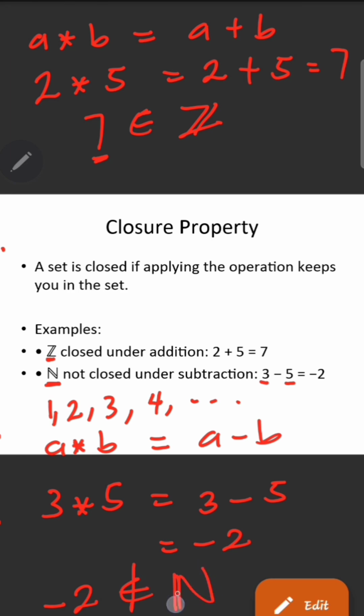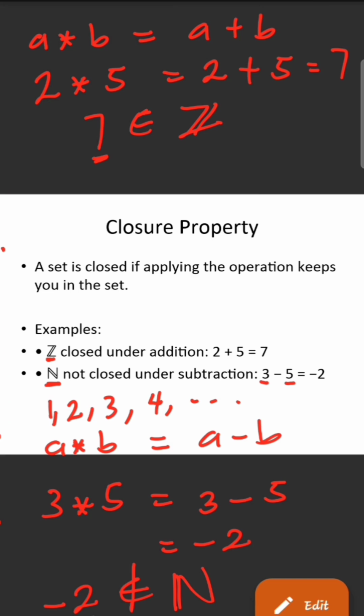Natural numbers. You know natural numbers start from 1, 2, and so on. You cannot find minus 2 in natural numbers because it starts from positive 1, no negative, always positive. So that is that on closure.